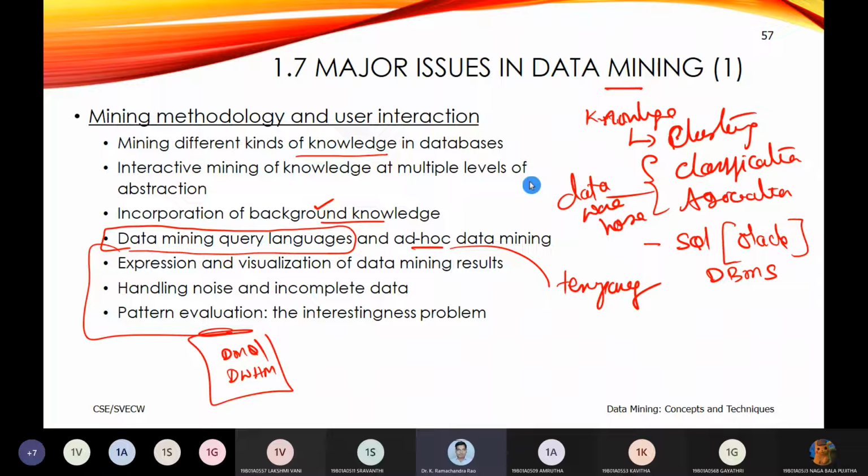Coming to these data mining queries, it is going to be treated with a data warehouse, and finally we are going to present the results in the form of visualization.